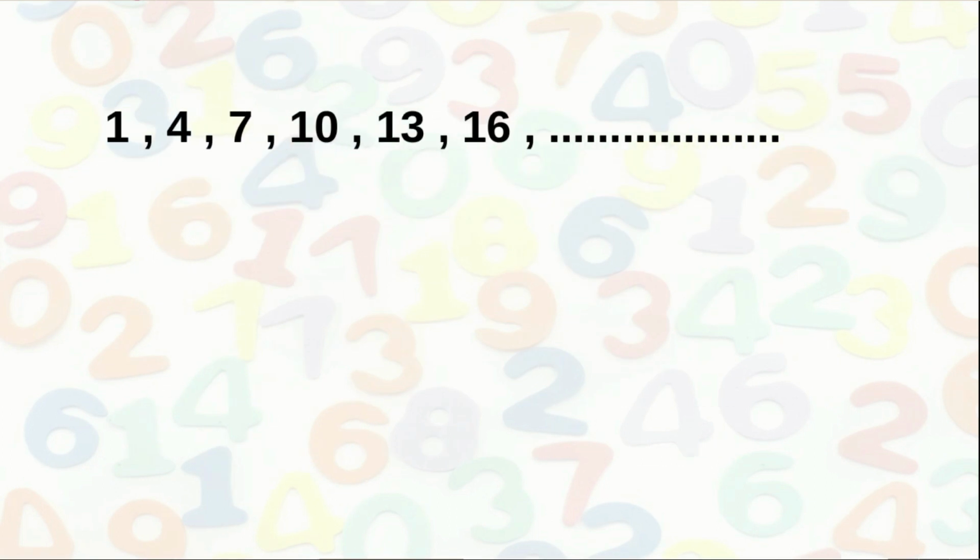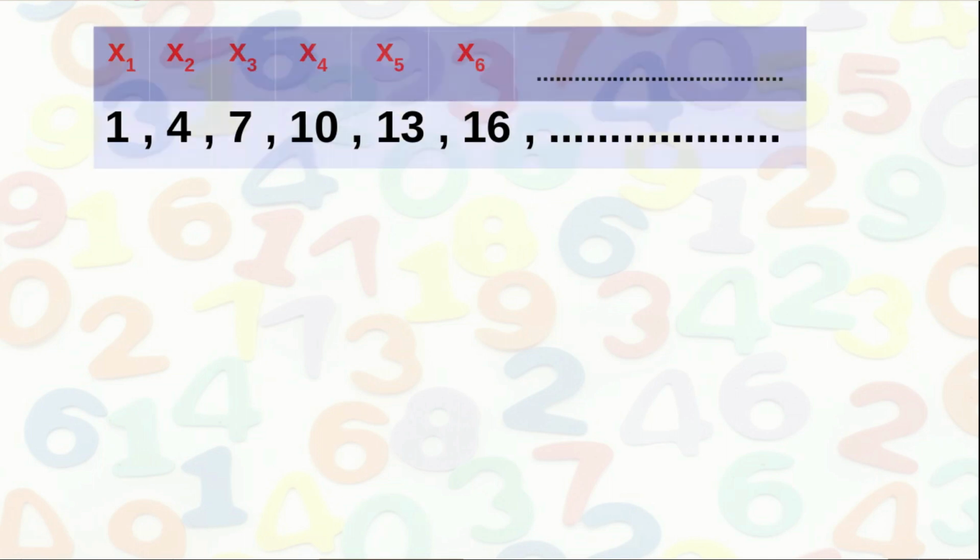Now let's consider an arithmetic sequence: 1, 4, 7, 10, 13, 16, etc. Here the first term is 1 and number 3 is added repeatedly to form the sequence. Since number 3 is added repeatedly, the difference between the consecutive terms of this sequence must be 3.